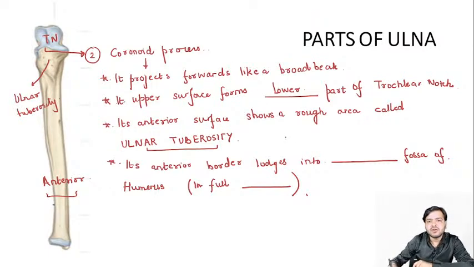It is the coronoid fossa. Okay, agreed. It is the coronoid fossa of the humerus. Yes, Albas, very good, beta.